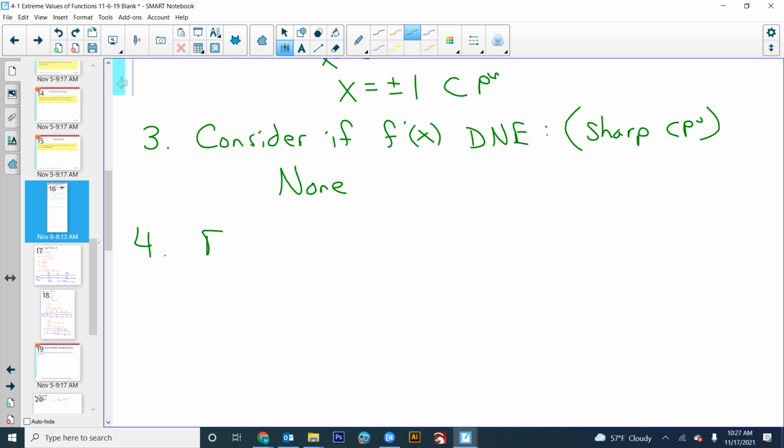Does the function have any endpoints? And I'm going to put given or implied. I don't know if I like that word. I'm going to say natural. I like the word natural. They're better. Natural.